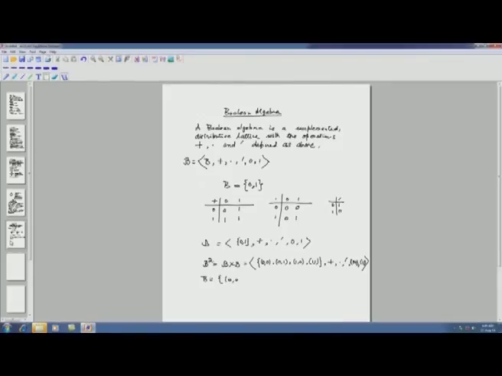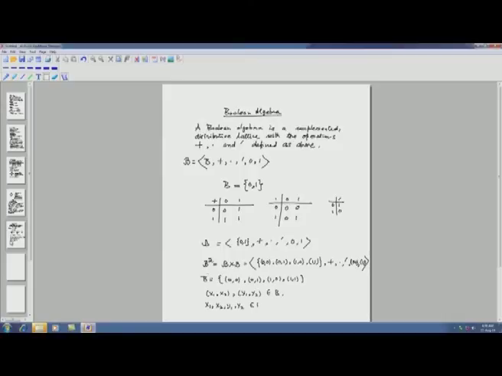Here we note that if we consider just the set, let us say B2, which is essentially 0 0, 0 1, 1 0 and 1 1, any two general elements of B2 can be written as x1 x2 and y1 y2, both belonging to B2.